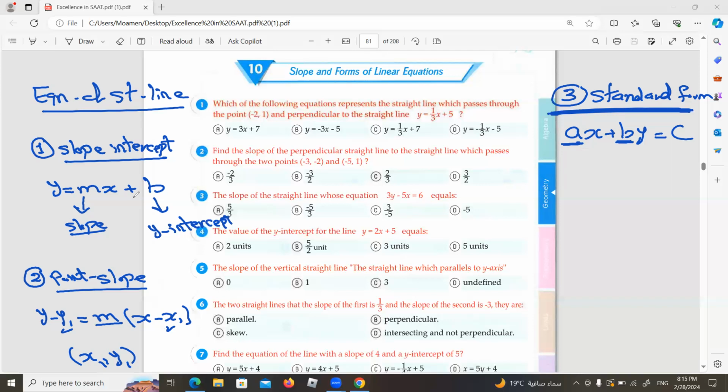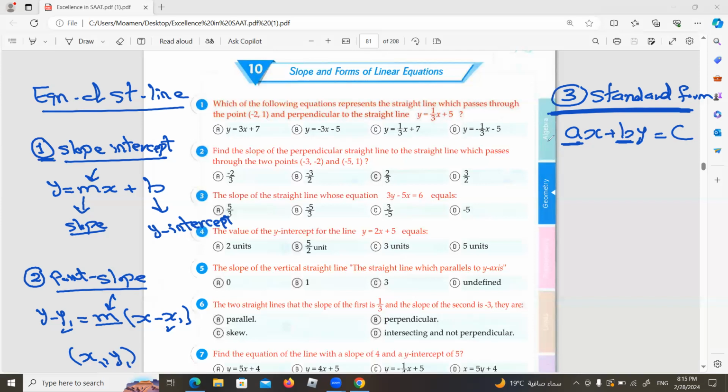Here, if you need to find the slope in the first case, the slope is the coefficient of x, as you see. In the second case, the slope is the number which is multiplied by the bracket of x. So what about the slope here? If I need to find the slope here, what shall I do? You have two ways.